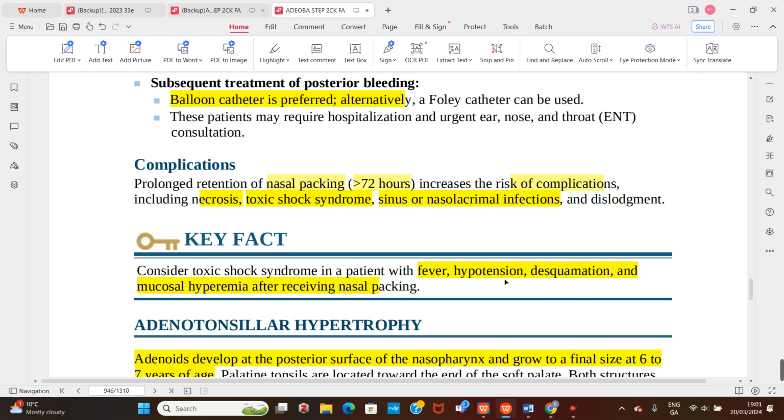So once you see fever, hypotension, a desquamating rash, with maybe renal failure, you are likely dealing with toxic shock syndrome.